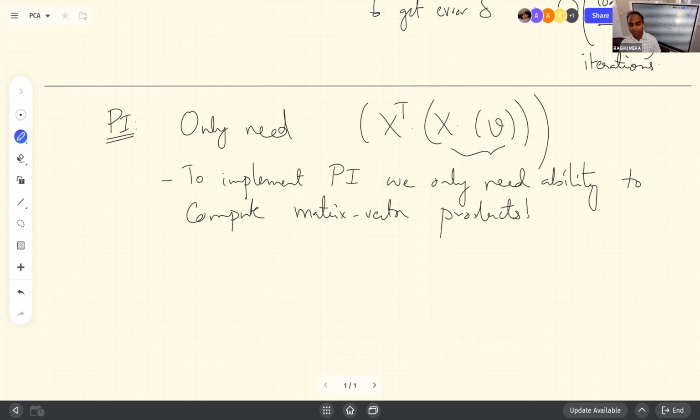Isn't that cool? I only need to compute matrix vector products to run the power iteration and find the first singular vector. So basically, I need to be able to compute X times v and X transpose times u. Can you think of a scenario where this could be very advantageous computationally?